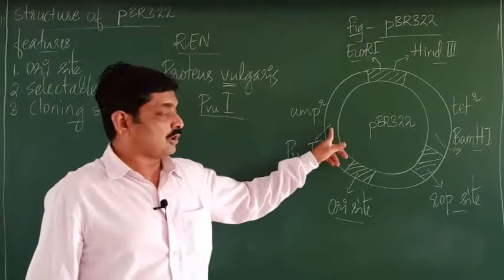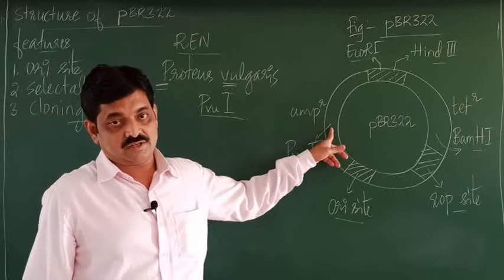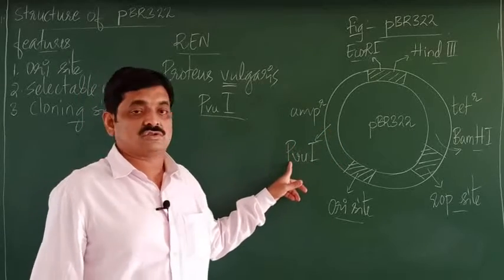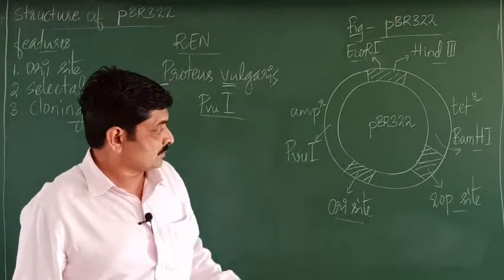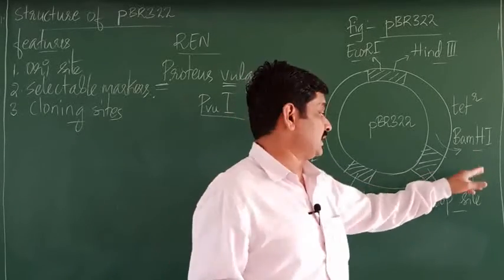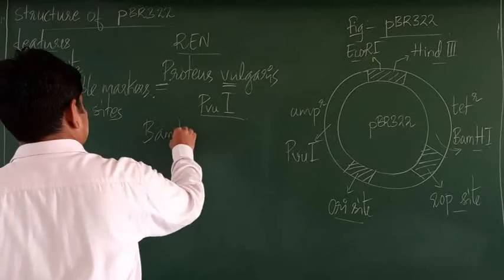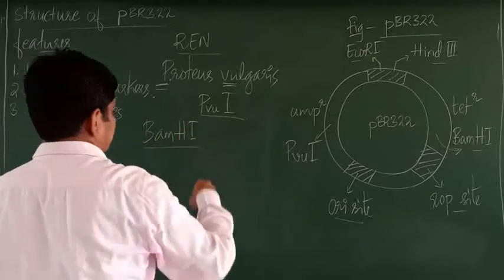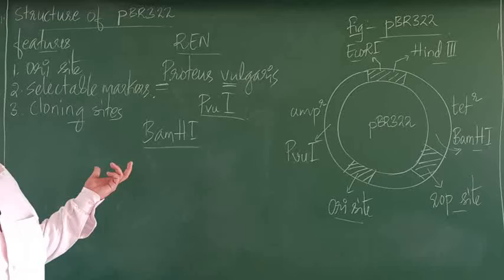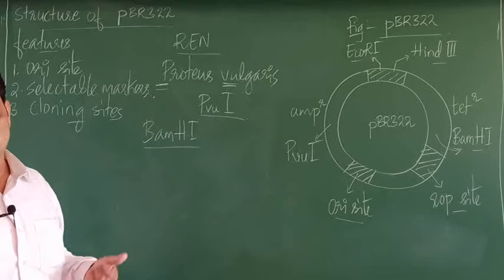So this is the cloning site for this restriction endonuclease. Similarly, this is another restriction endonuclease, BamHI. This is also isolated from another bacterium. Which bacterium?